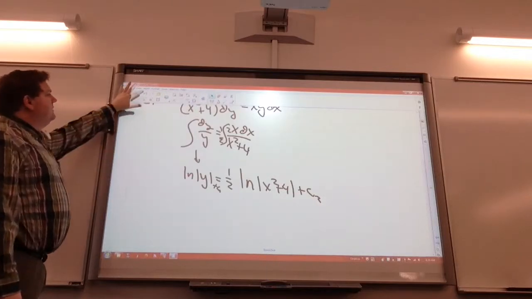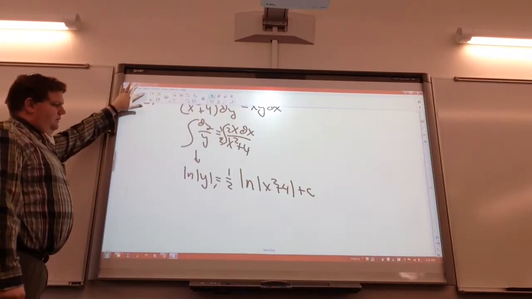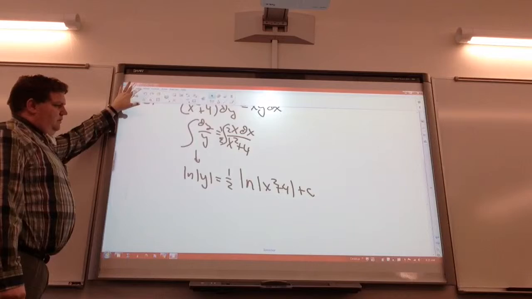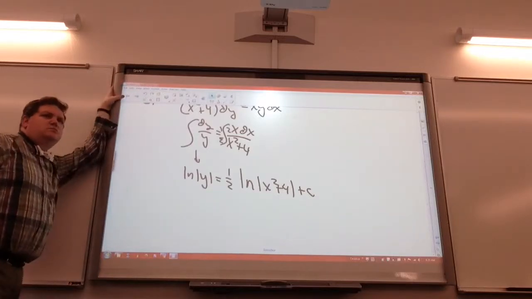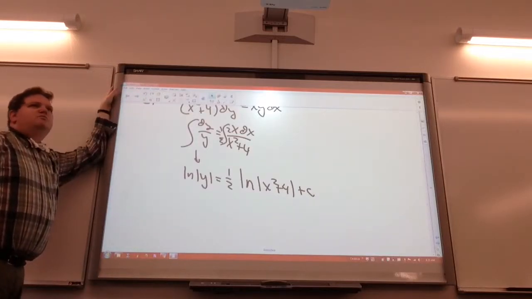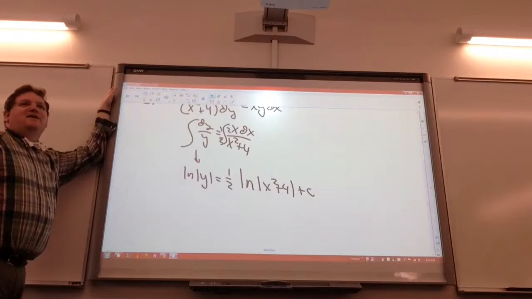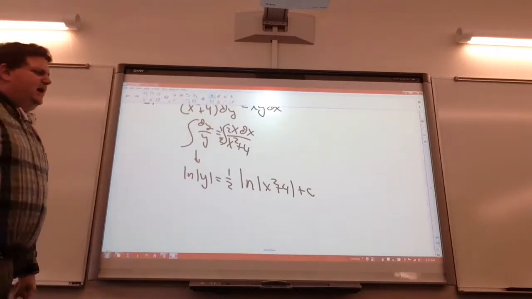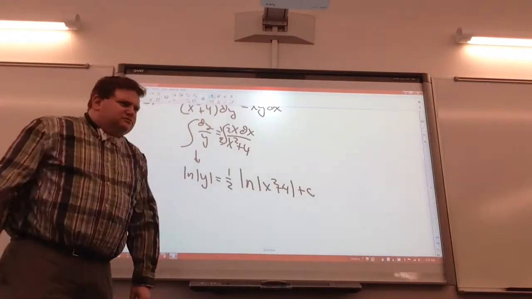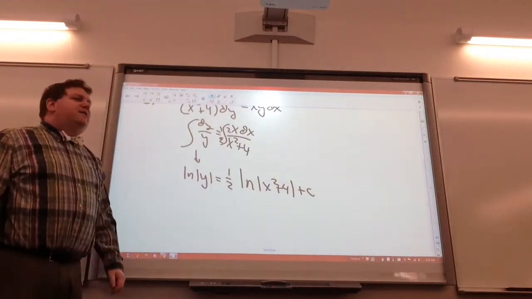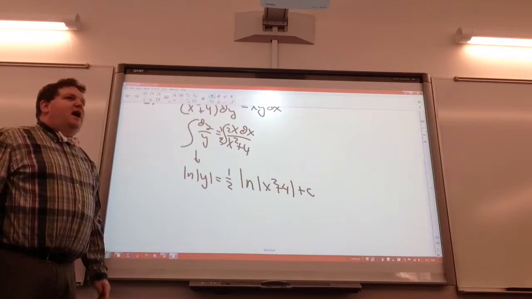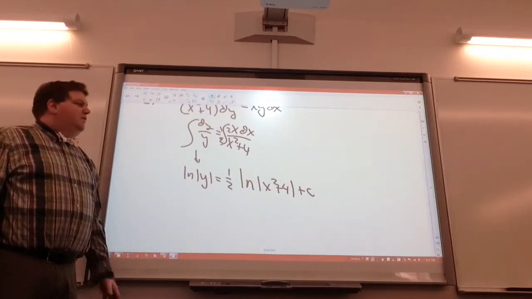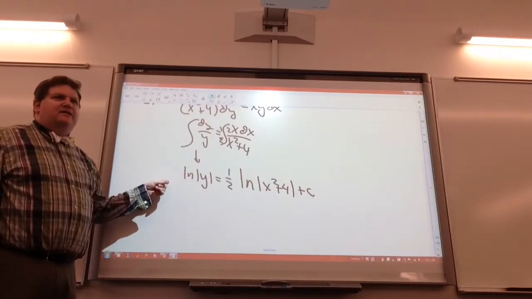Why did the constants have to be on the same side? Oh, why did it have to be on the x side? Yeah. Do they? No, but we'd like them on the x side. It's because ultimately, the reason we like them on the x side is because a lot of times you won't necessarily stop at a step like this right here.